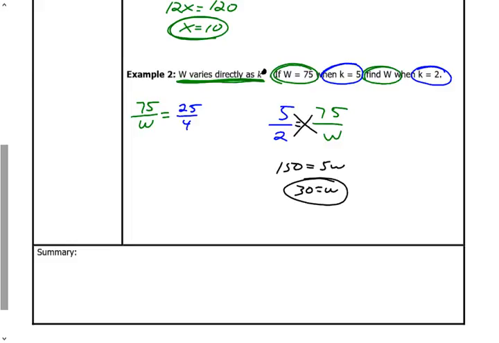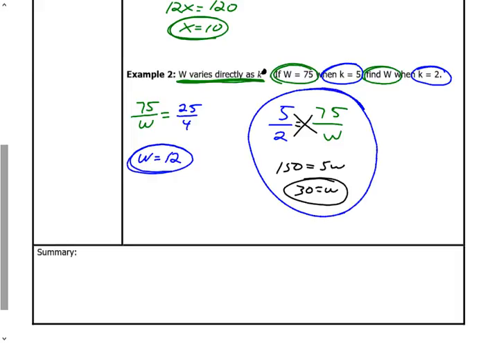Oops. Yeah, and what I get is 12. So I need to be careful. This would be w equals, well, that's going to be, well, I can't write today apparently.